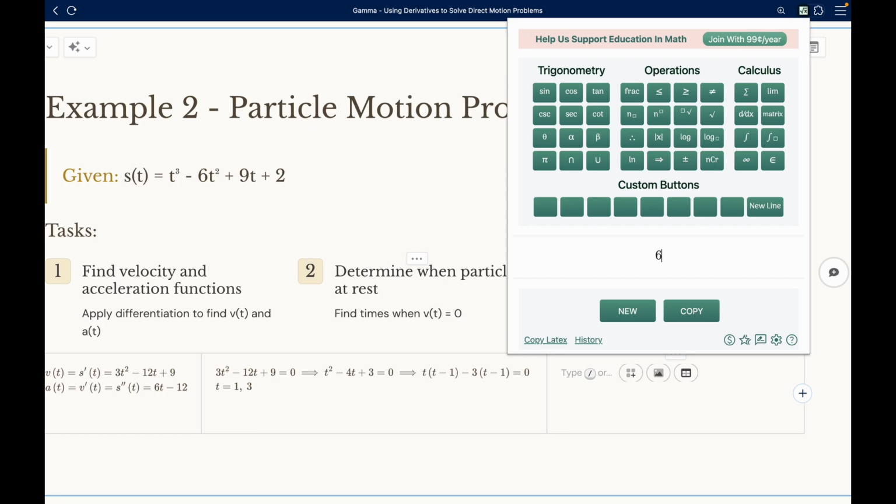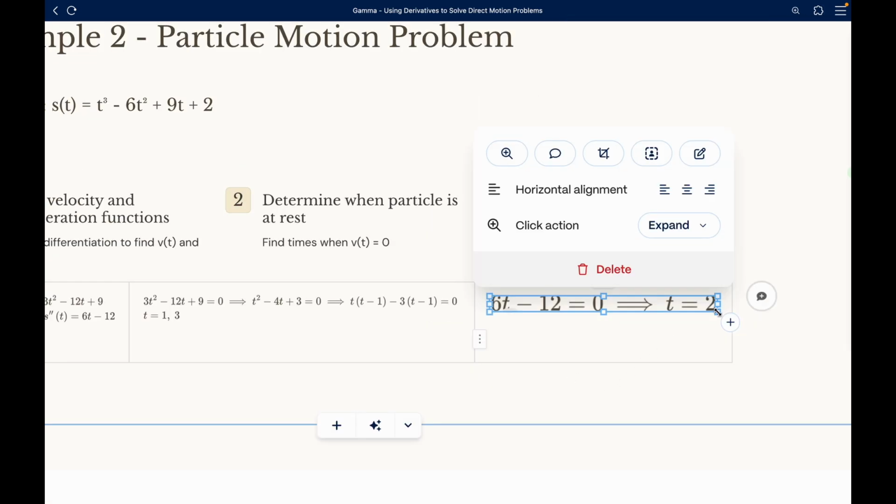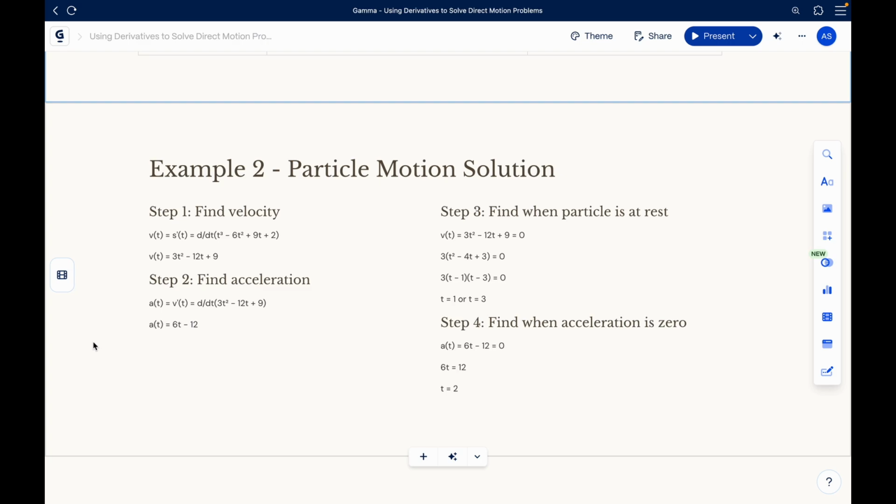That is very simple, since all we need to do is put 12 to the other side and divide both sides by 6. So t is equal to 2 is when the acceleration is equal to 0. So that's the solution to our example. The 3 tasks: steps 1 and 2 are our first task, step 3 is our second task, and step 4 is finding when acceleration is equal to 0.